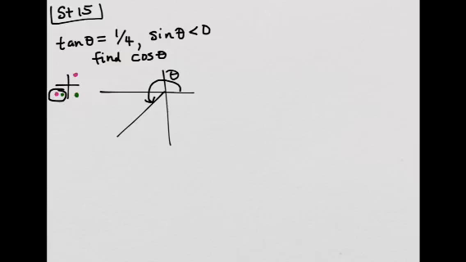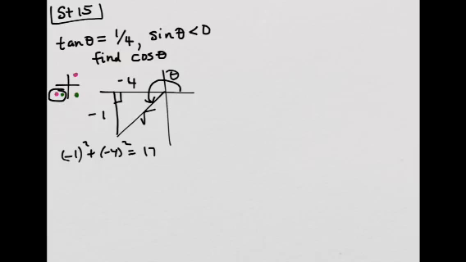And then we form a right triangle always to the x-axis. Excuse me. And tangent is 1 over 4. Remember, tangent is y over x. So that means y is 1, x is 4. But because it's in quadrant 3, we know both of them are negative. And then Pythagorean theorem, negative 1 squared plus negative 4 squared gives you 17.